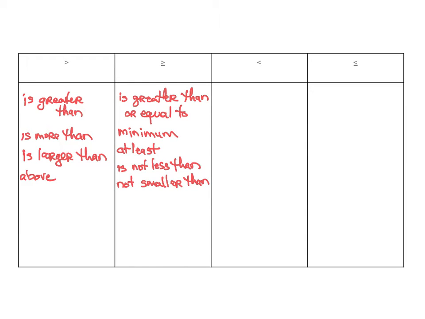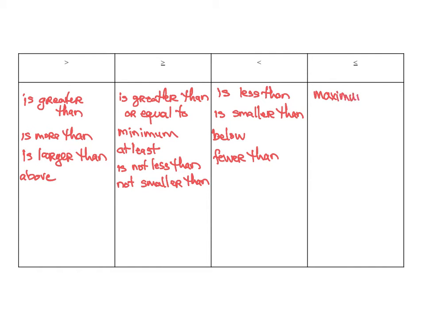Okay, so kind of everything bigger. Next one is less than. We know that. It could also be is smaller than, below, and fewer than. Next one, maximum, meaning you can only go up to that number.